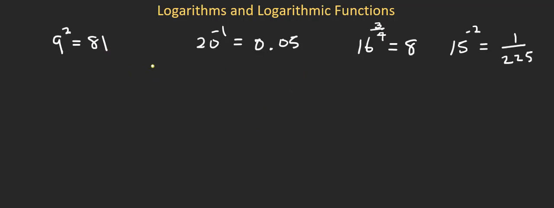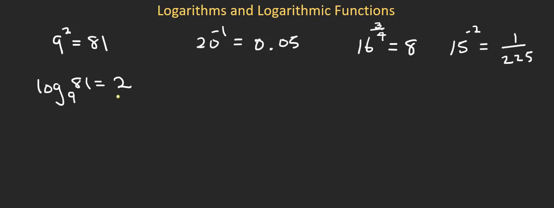Here we have four exponential equations, so we're going to change them to logarithmic. What is the base? The base is 9. So log base 9 of 81. Because what are logs again? Logs are exponents. What is the exponent here? 2.